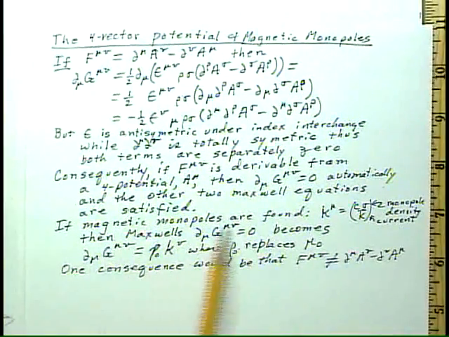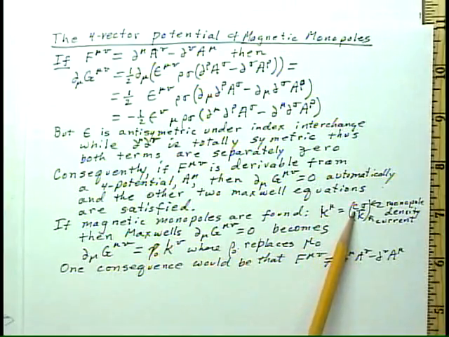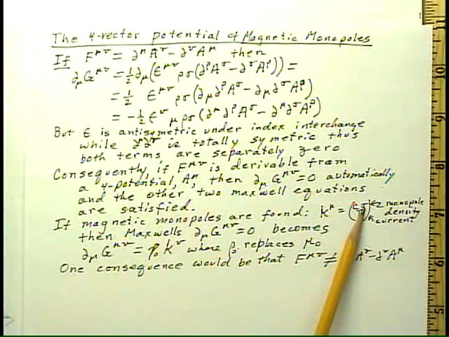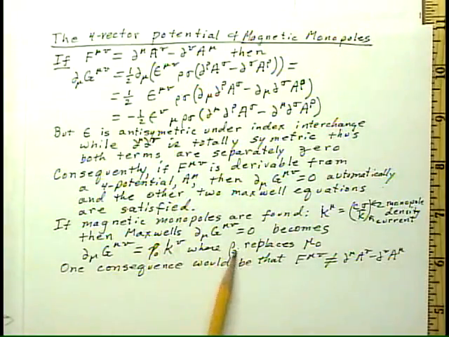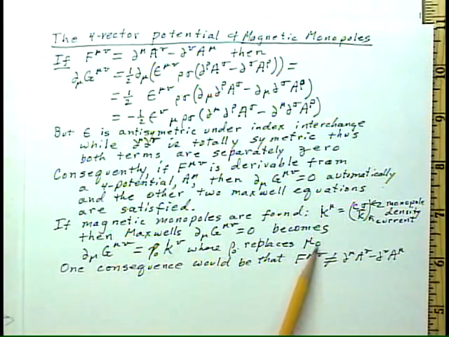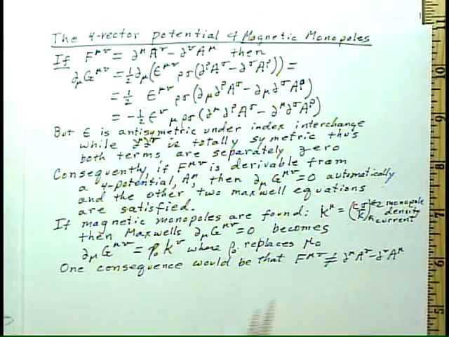Therefore, if magnetic monopoles are found, it follows that K mu, which would be something like C sigma, the monopole density for the dot component in K for the current density, would give us a new type of equation like this for a K mu density like the J mu density, where rho naught replaces mu naught. And another consequence is that F mu nu cannot be equal to the derivatives of a vector potential. That's a very far-ranging result.